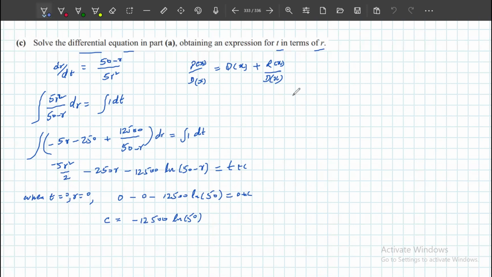As we are looking for t in terms of r, t is equal to minus 5r square over 2 minus 250r minus 12,500 log of 50 minus r, and if you take the c value to the other side, it becomes plus 12,500 log of 50.